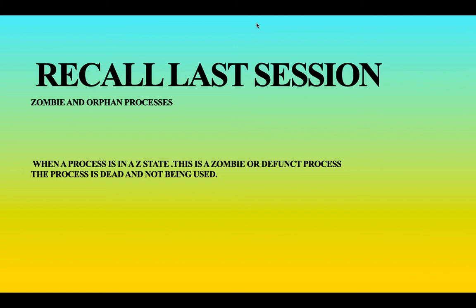Last class I wound up with the different types of process, foreground process and background process, and I was also discussing zombie and orphan process. Whenever a process is created, that is called the parent process, and it has an ID called PPID, the parent process ID.